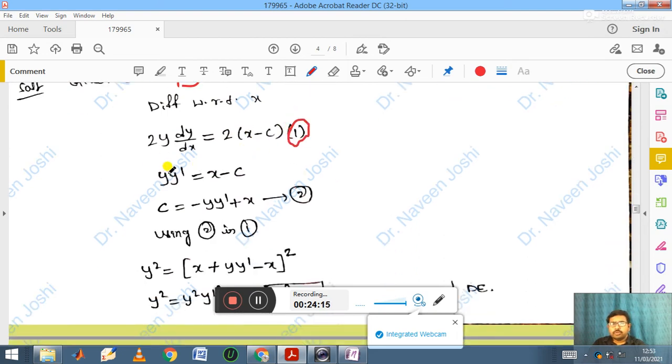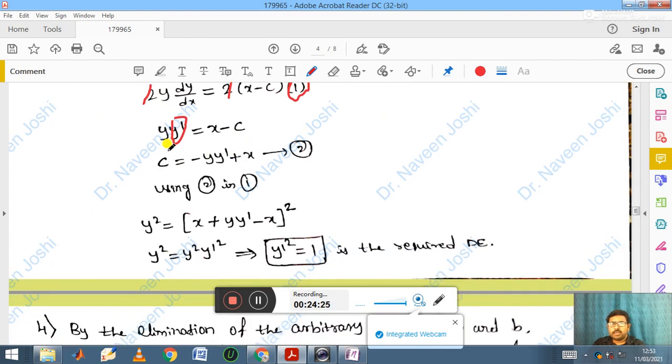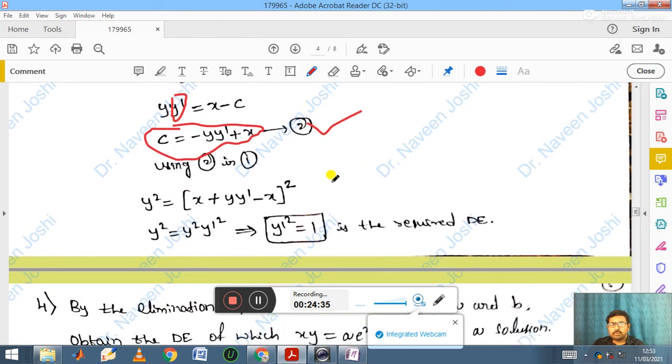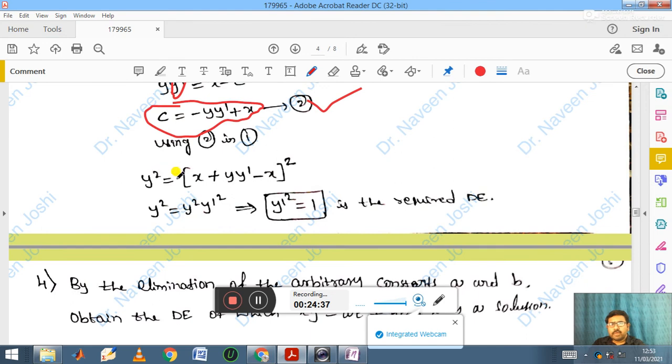Then here 2 gets cancelled, y into dy by dx is denoted by the symbol y dash, equals x minus c. Then if you write the expression for c, you are getting c equals minus y into y dash plus x. Use this c value in equation 1, then it becomes y square equals x plus y into y dash minus x whole square.